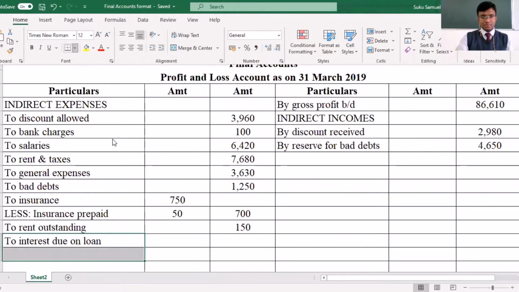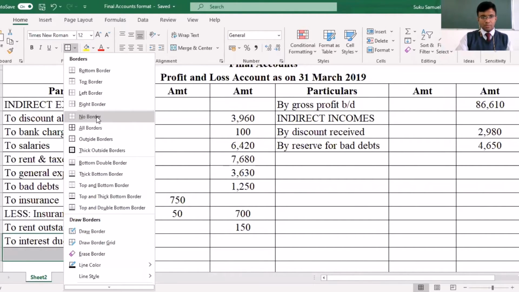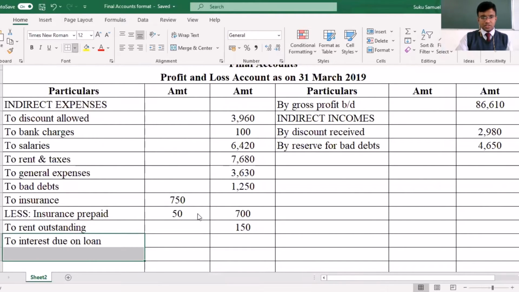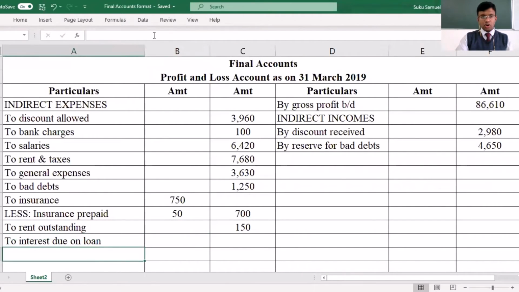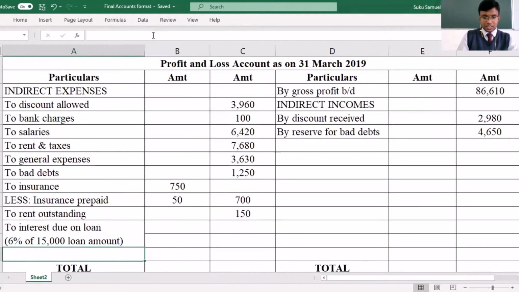So you have to take 6% of 15,000, and that will be considered as interest due on loan. This will be 6% of the loan amount of 15,000, and that has been taken.